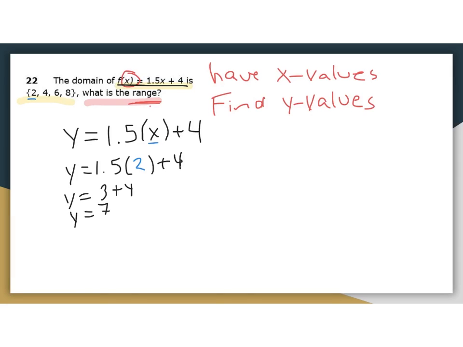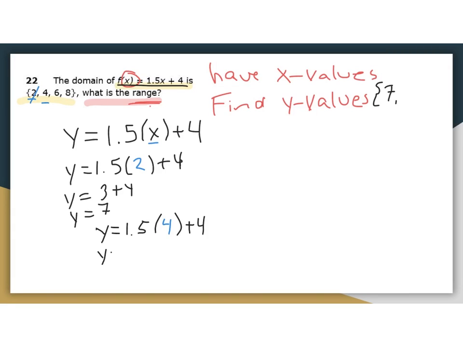So right now, as part of my answer, I have 7. That's what we got when we had 2. So now I'm going to go on to the next value of 4. Same thing. I'm going to do y equals 1.5 times the x value now of 4 plus 4.